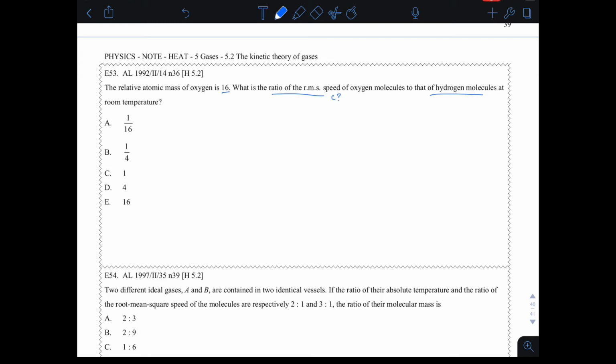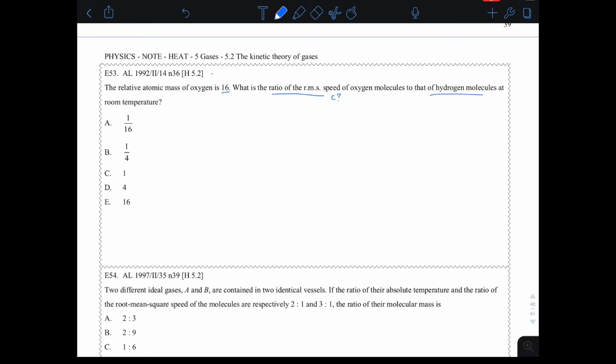I think it should be okay because in DSC they must give you more information, or they may not give you the exact number. They may give you a ratio directly of the mass of molecules for oxygen and hydrogen for calculation, so it's okay. But now I want to give you some more information so that you feel a little bit more comfortable while you are doing this type of question.